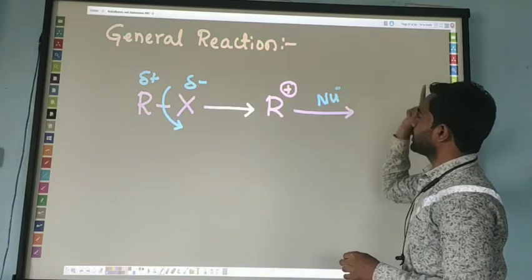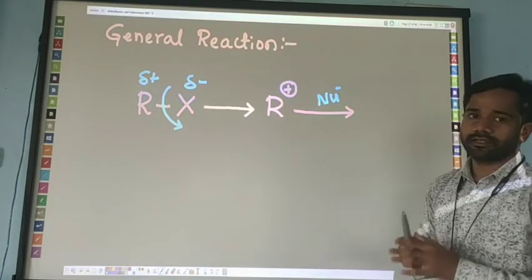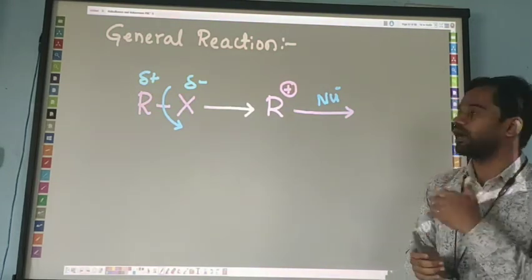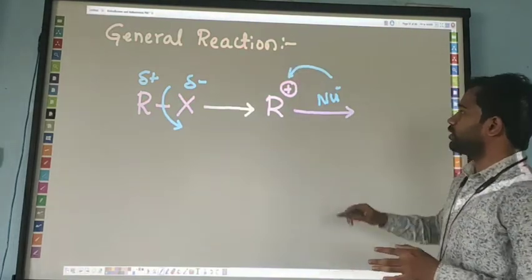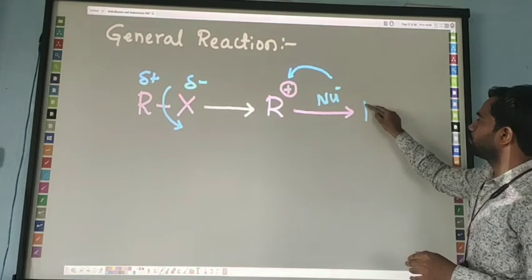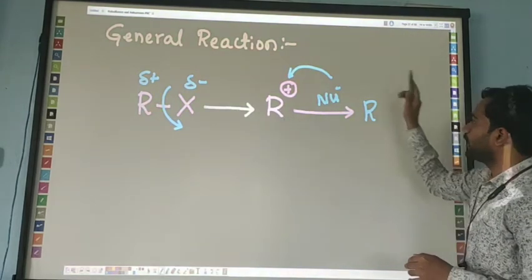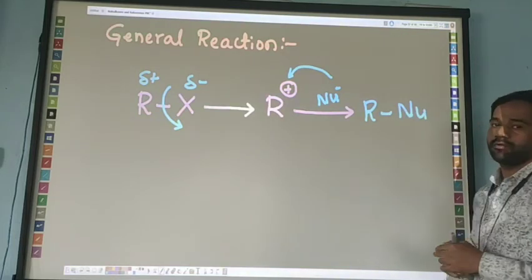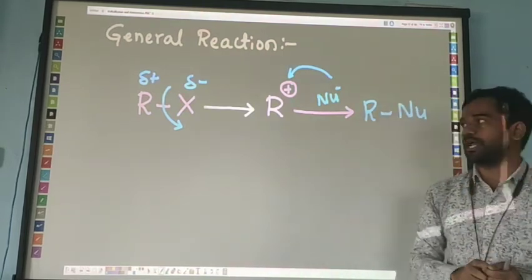The nucleophile always attacks from the higher electron density to the lower electron density. Then there is a formation of a bond between the alkyl group, the carbon, and the nucleophile. This is the step.